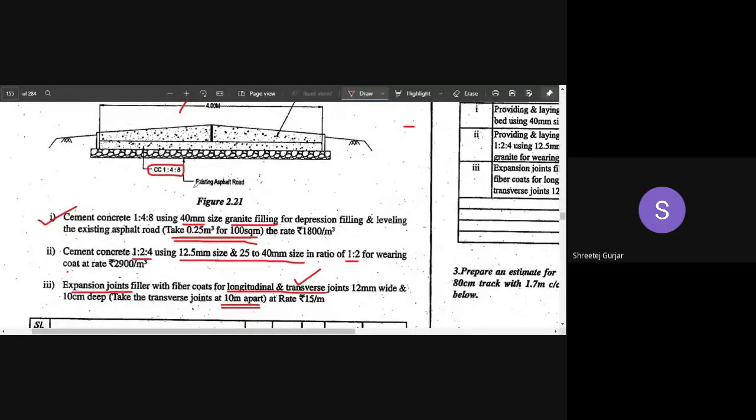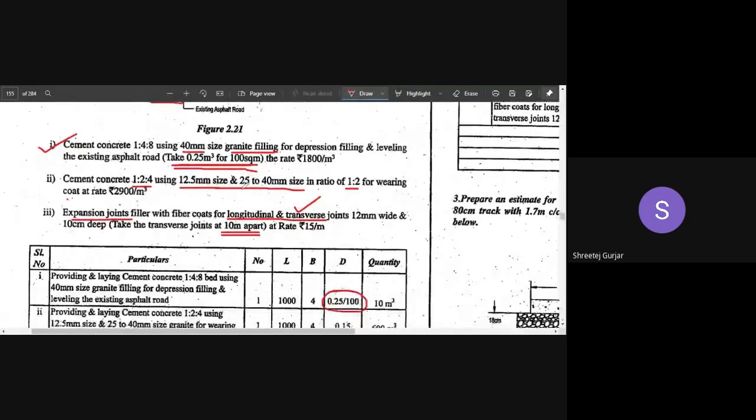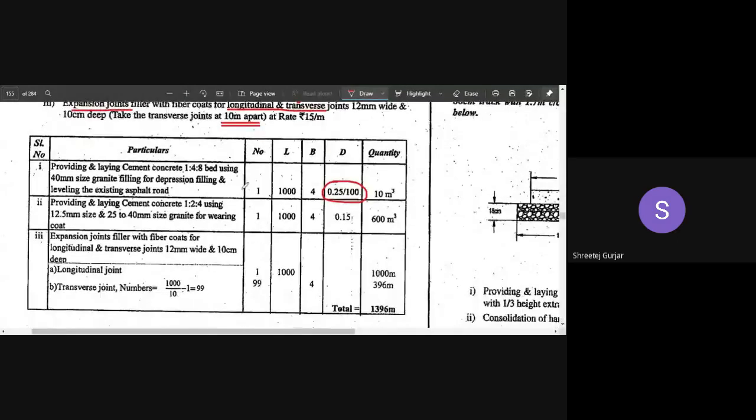Then this is our existing asphalt road. We'll calculate the rate for that also, no problem. Moving on, looking into your calculation part. First thing is your asphalt road calculation. Number is 1, right? Only one lane we have.